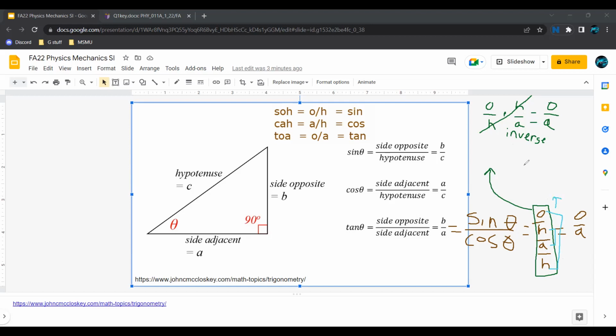That becomes opposite times hypotenuse over adjacent times hypotenuse, and the h's still cancel out to give you opposite over adjacent. There might be other ways, but that's what I remember.